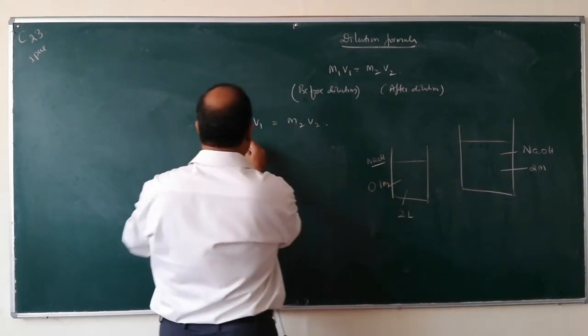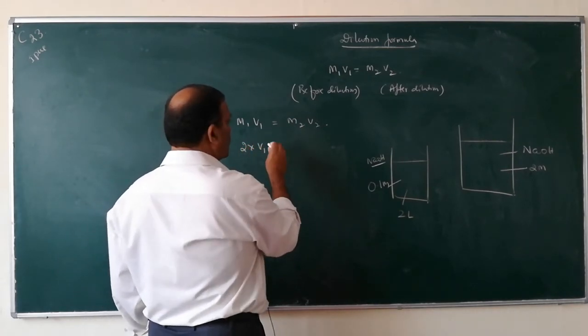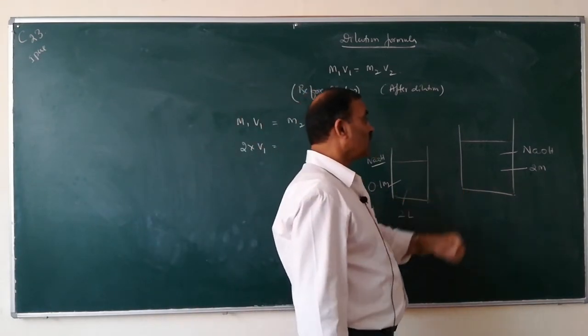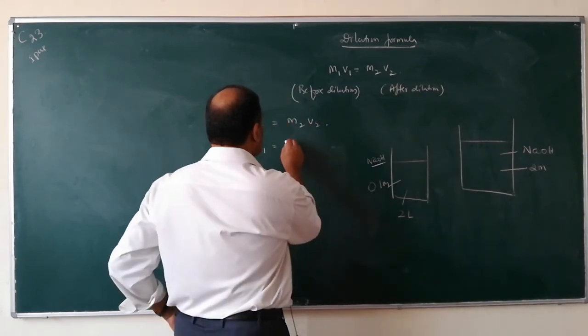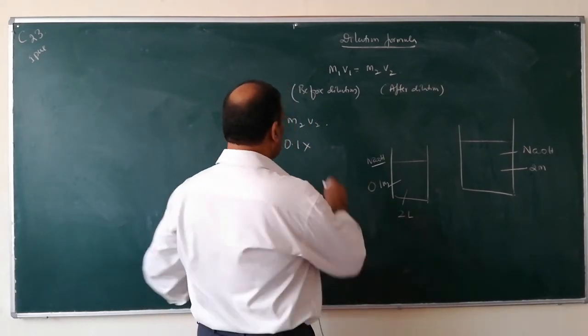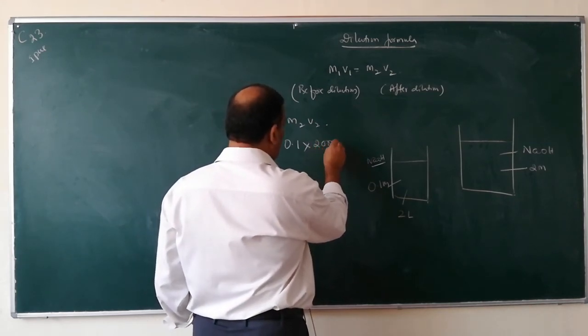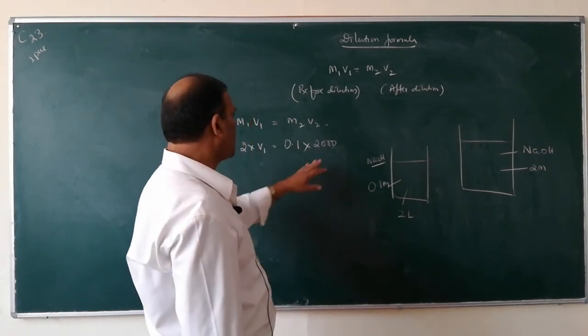It is 2 molar. V1 is the volume we have to take. What is the required molarity? 0.1 molar. What is the volume of the solution? 2 liters means 2000 ml.